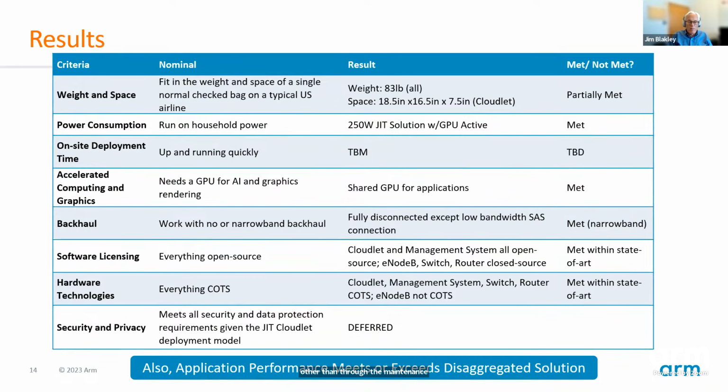Everything COTS, for all intents and purposes, everything in this solution is commercial off the shelf, including the eNode B. However, because eNode Bs, particularly for the CBRS band, are not widespread, there are a limited number of vendors providing them. We labeled them as not COTS today, but as that market scales up, those will become much more standard high volume kinds of products.